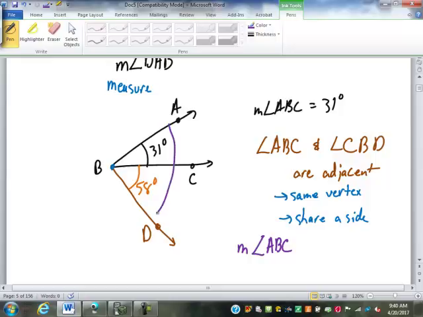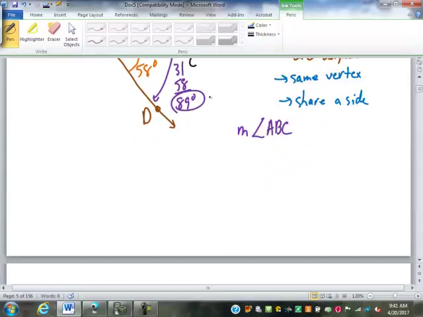In other words, this bigger angle here. How would I find it? I can add them together. Because these are adjacent angles, I can add the 31 and 58 to get 89 degrees. Is that total angle? That only works if they're adjacent angles. And those adjacent angles can be not only added, but they can be subtracted.